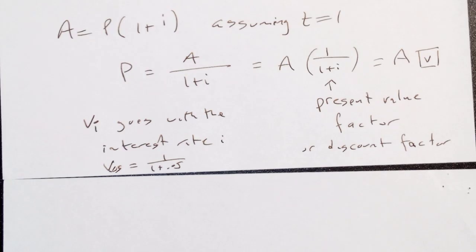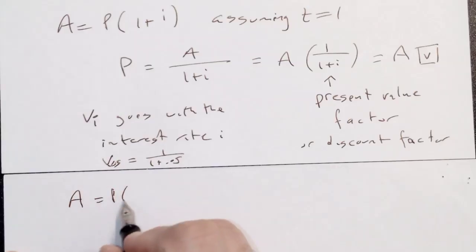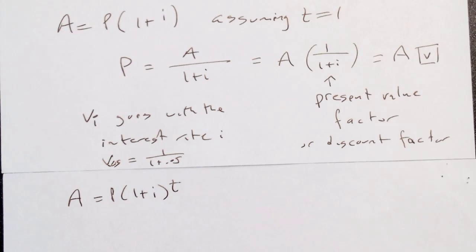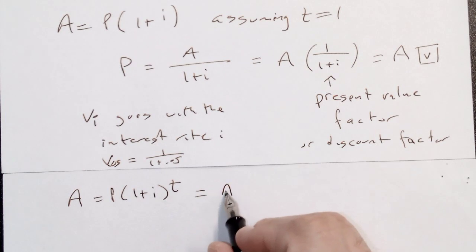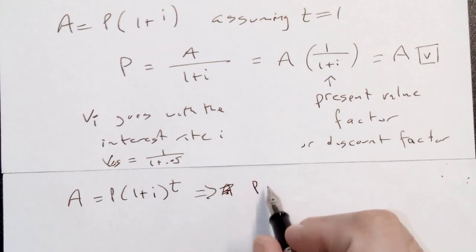This is really just taking that accumulation function and working it the other way. So if I had, let me write that formula again, A equals P times 1 plus i to the t. Oh, wait a minute. No, we were looking for P. So how do I get P?